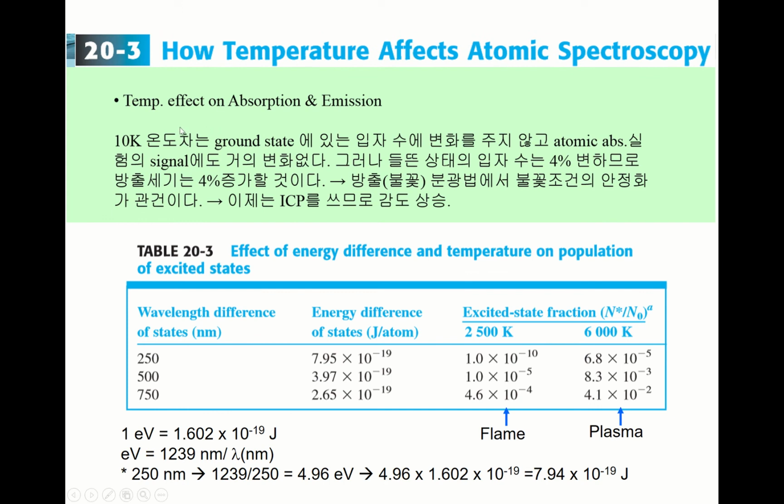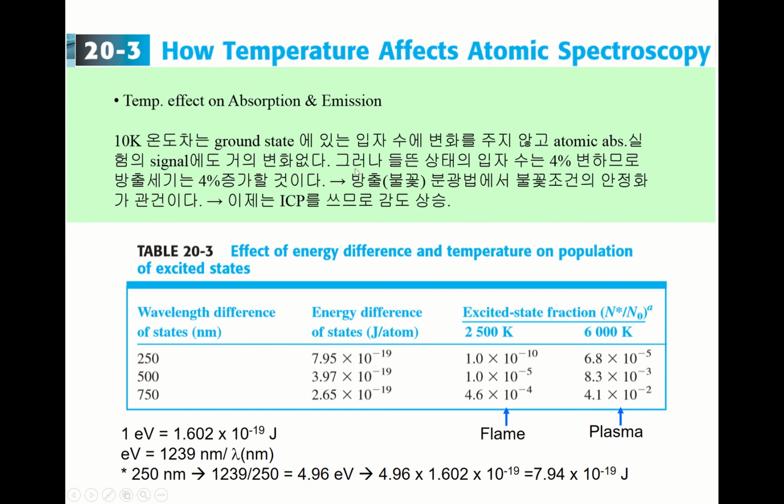So, the temperature effect on absorption and emission: the effect is much greater on emission than absorption. Here, a 10 Kelvin temperature difference doesn't affect the ground state population much, so the atomic absorption signal is not much affected.